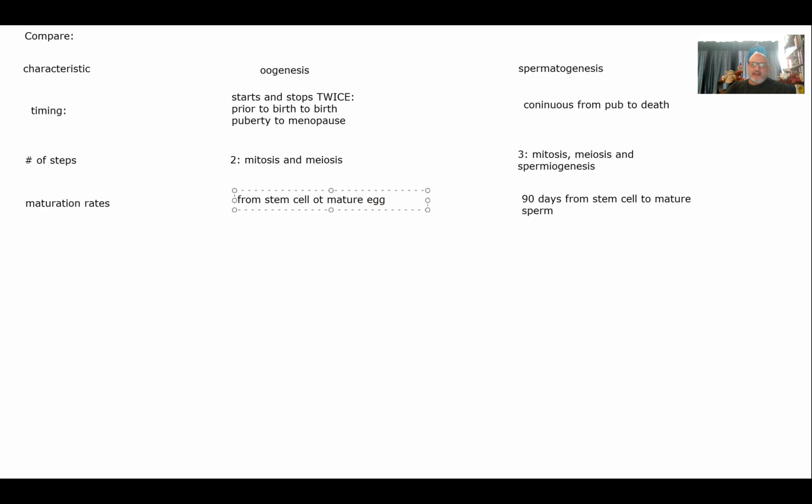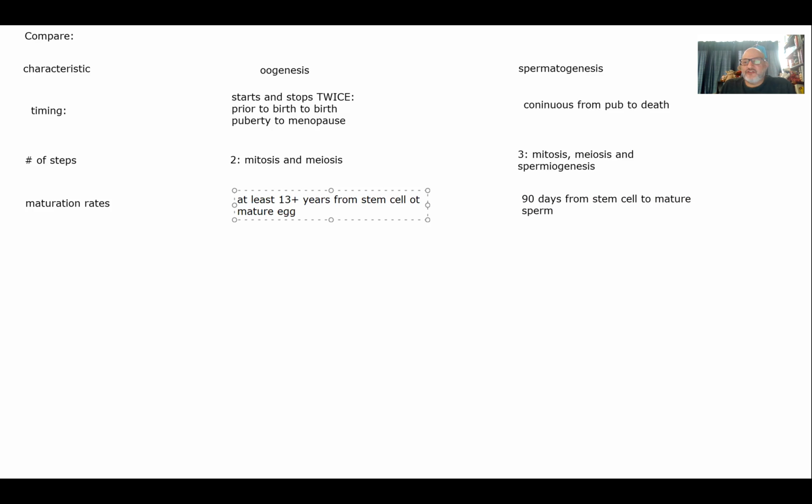There you go. That's what I like. Excellent. Remember, this starts in utero with the stem cells, and we don't even get the potential to mature the egg until puberty. So at least 13 plus years for that to occur. I guess if somebody wanted to tell me what 13 times 365 is, we can convert that into days.